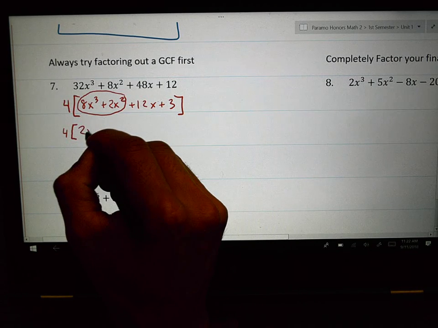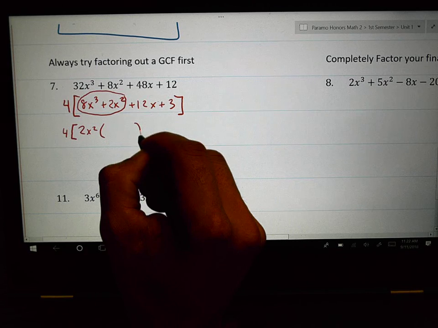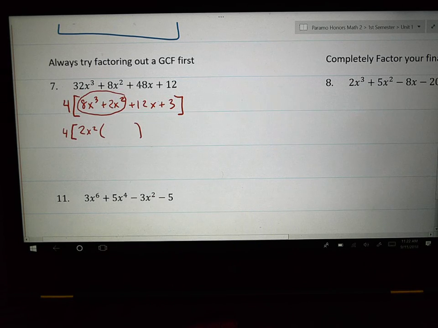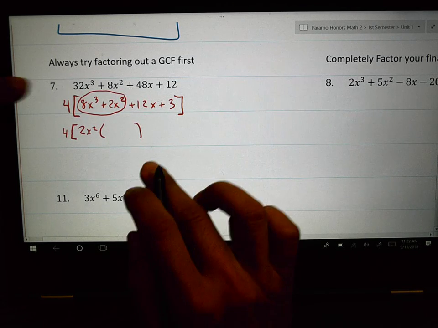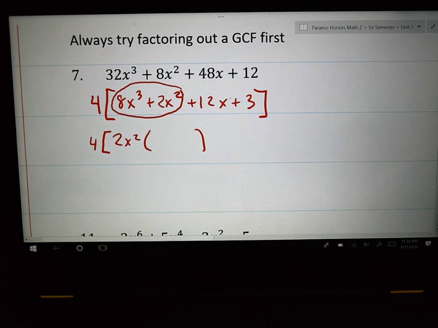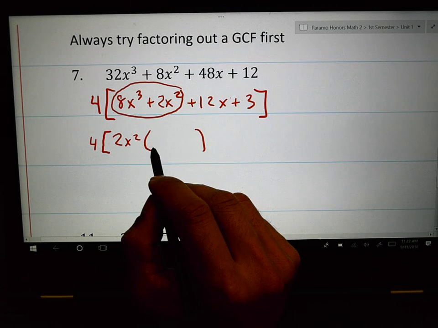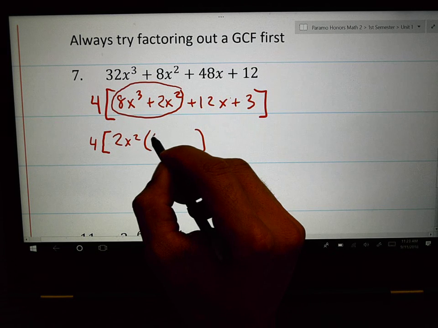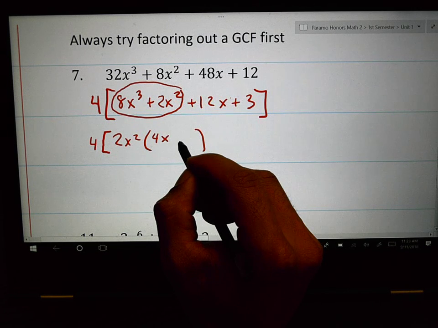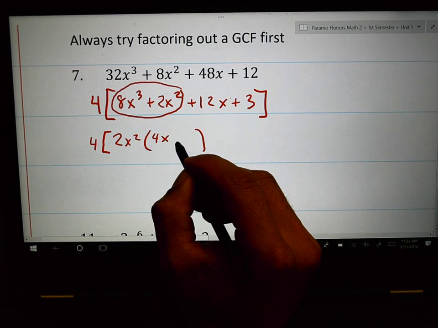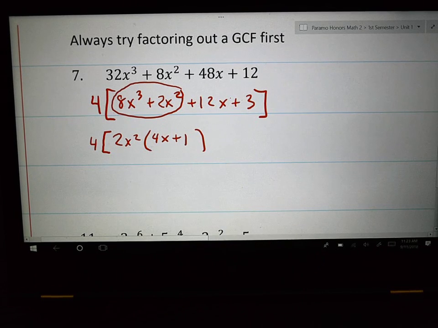2x squared. That's your red group. Make this a little bigger. What goes inside the parentheses? What else? Okay.